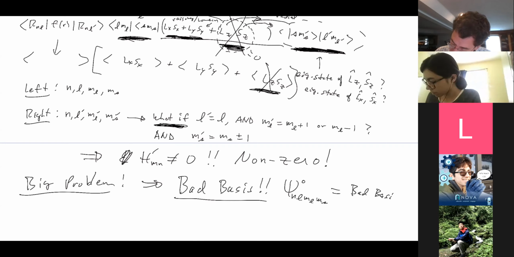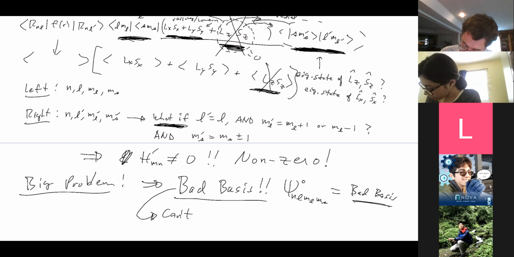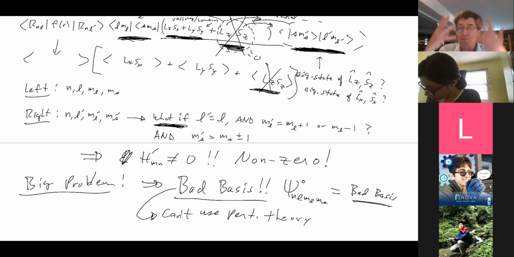What it means is that if we use this basis, a bad basis basically just means we can't use perturbation theory, because the perturbation expansion blows up. Those denominators go to 0 and you're screwed. It blows up, it diverges.